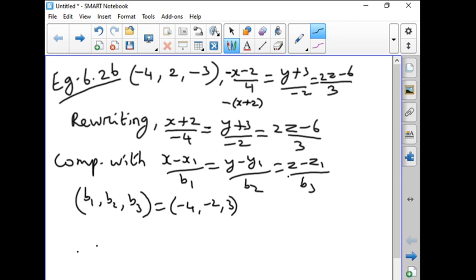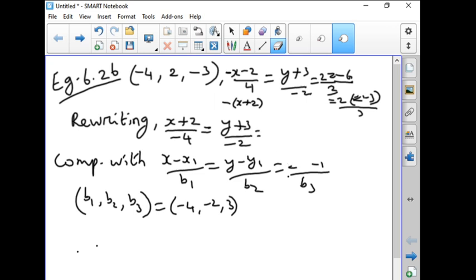So what is the b vector? Here also we have this, so this is equal to 2. You take it out. When you take 2 out, (2z - 6)/3 becomes (z - 3)/(3/2).